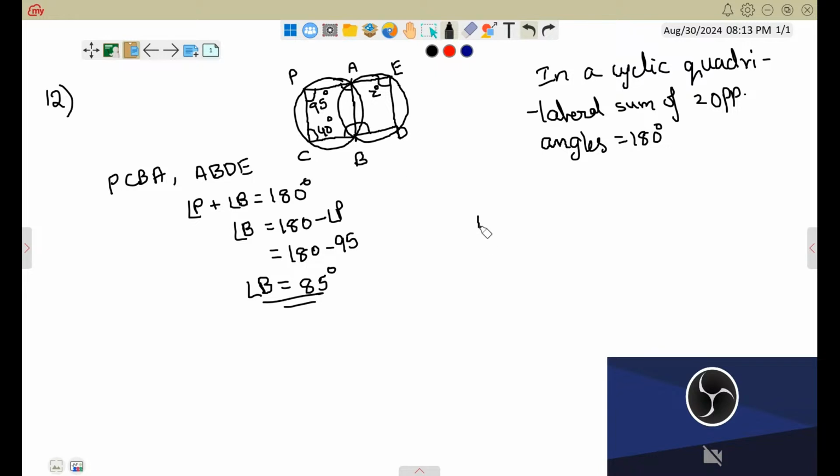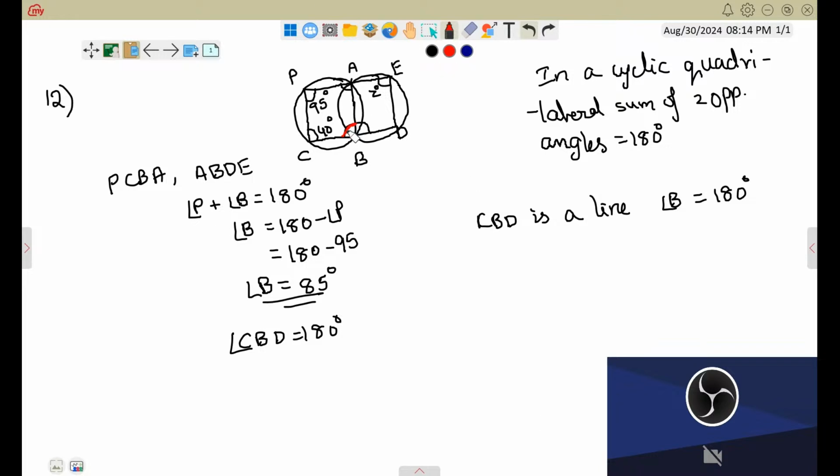Next, what is angle B? Here if you observe, CBD is a line. In a line, the angle at point B is 180 degrees. At point B, the complete angle is 180 degrees. So angle CBD is equal to 180 degrees. Here, we find the angle B in this quadrilateral.